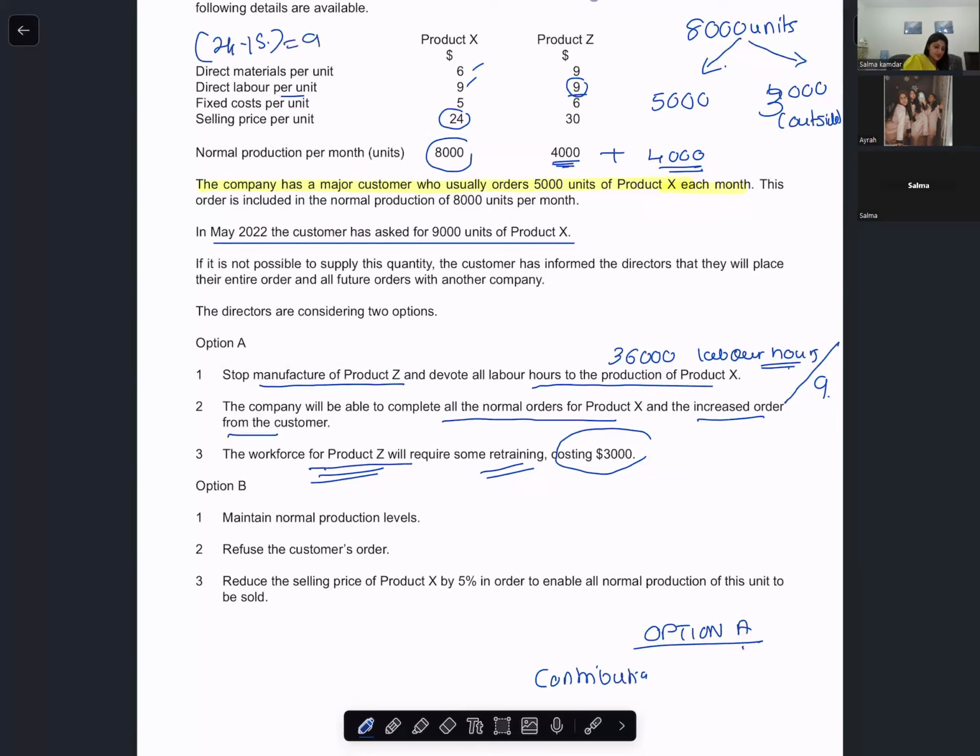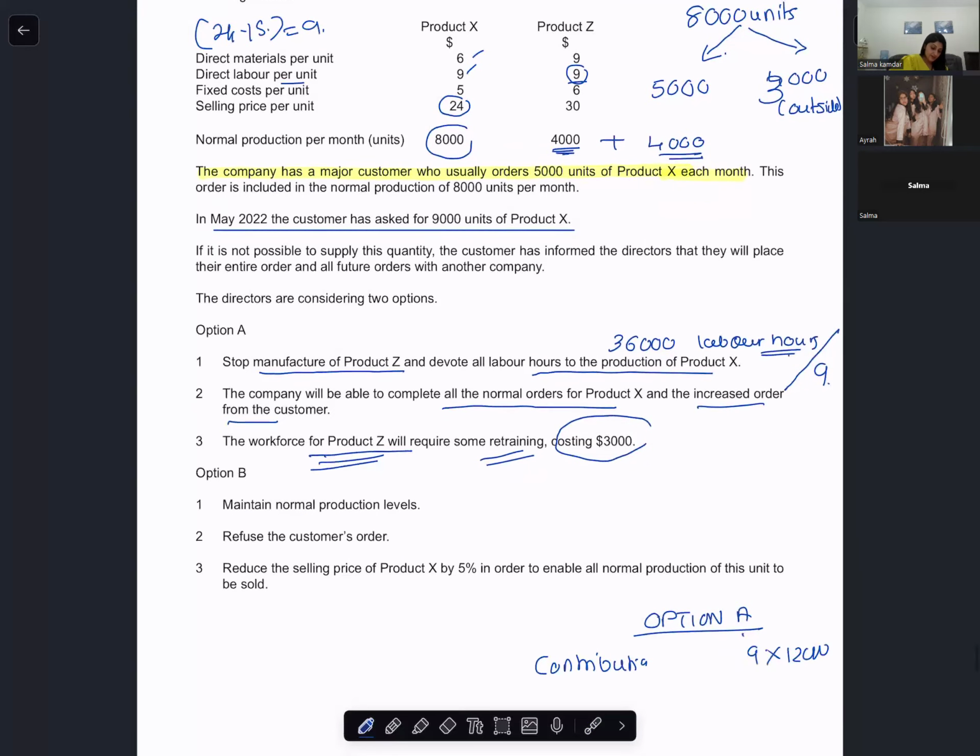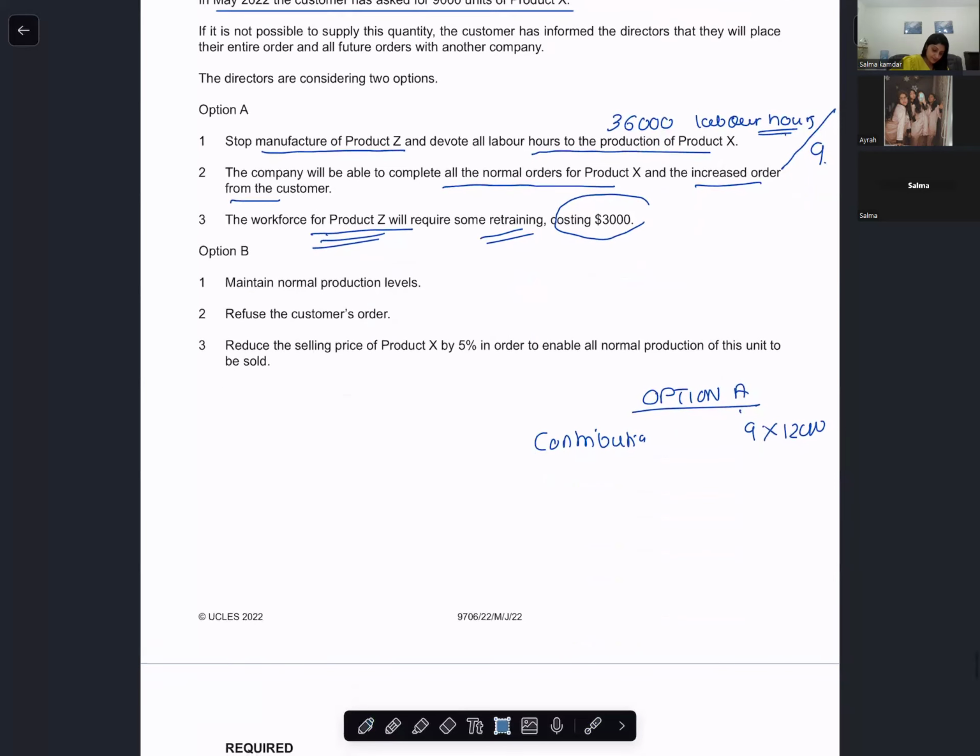The contribution is 9 per unit. And you're going to make how many units? You're going to make 12,000 units. So this will become how much? 1,08,000.